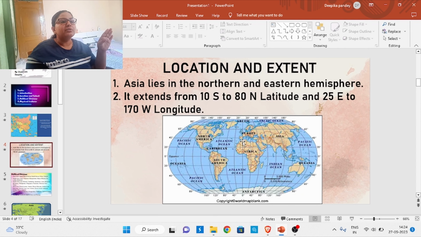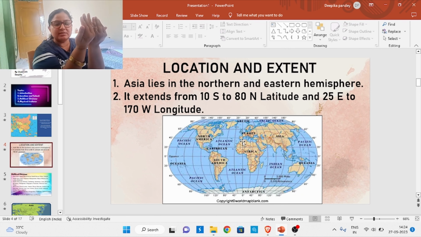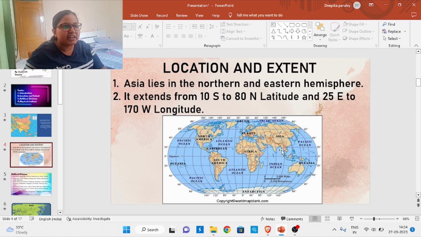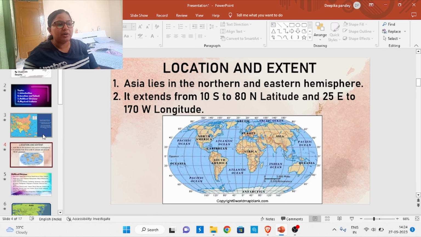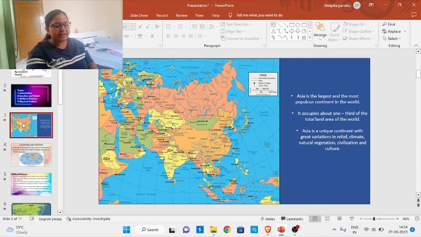Now when it will be circled back, when it adjoins, this North America will come to this side of Asia. Okay. It will go to this side. So how is it separated from North America, children? The Bering Strait.